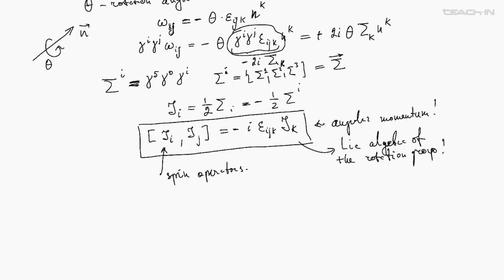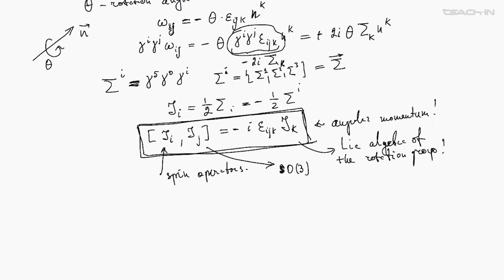And the rotation group is nothing but SO(3). So what you see here are the Lie algebraic relations between the generators of the Lie algebra so(3). I should write it with a little s and a little o.